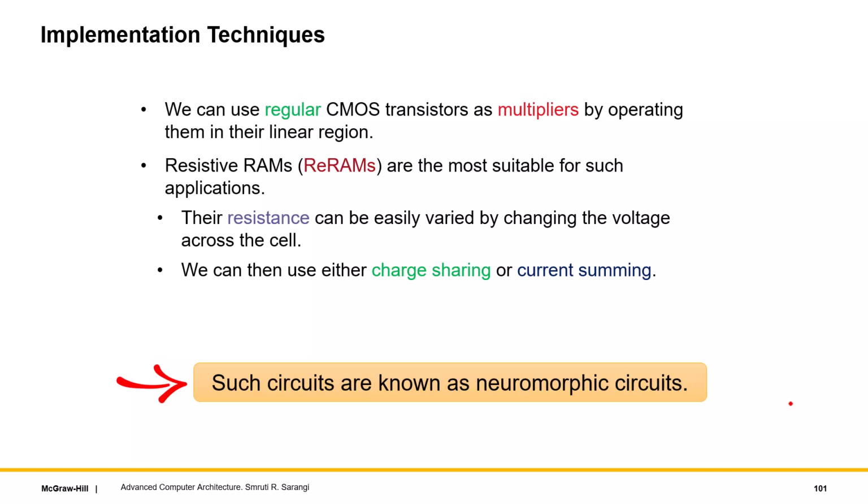Implementation technique: either use regular CMOS transistors where you are running it in the linear region. The linear region will allow you to do this multiplication, or as we have shown, use resistances and use capacitances. One more important thing that we saw in the chapter on memories, especially non-volatile memories, was RAMs or resistive RAMs, where the resistance itself can be varied.